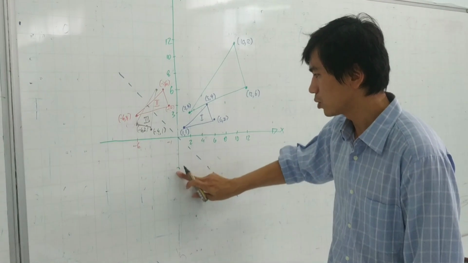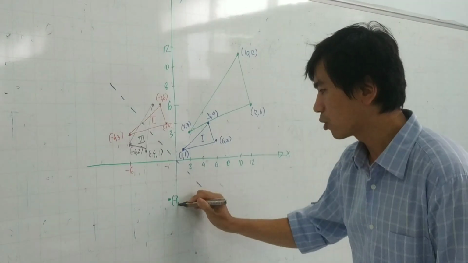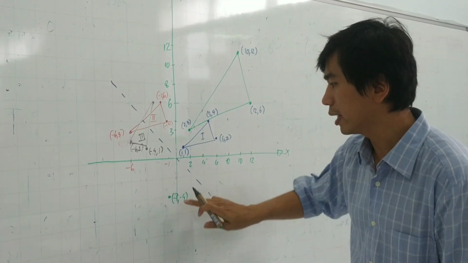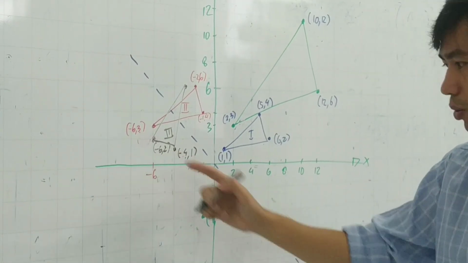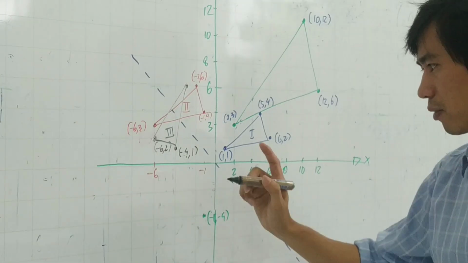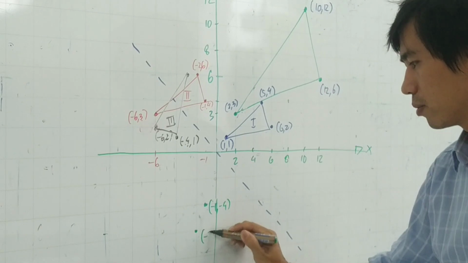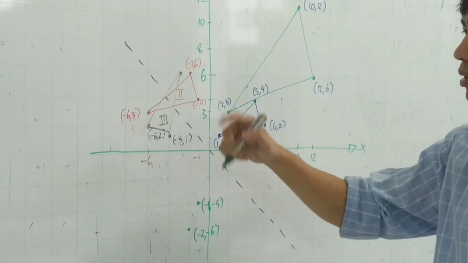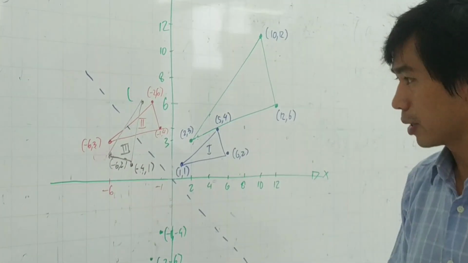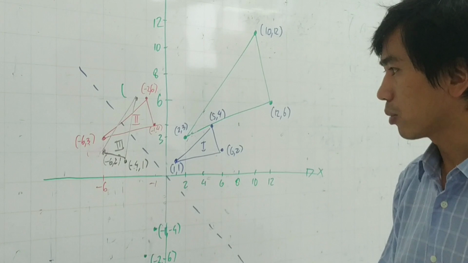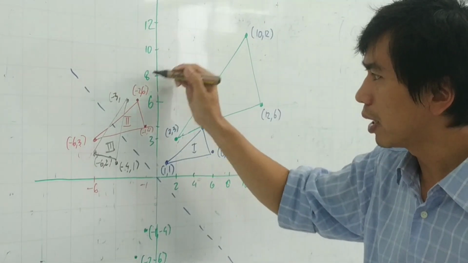Negative 6, 2 will be 2, negative 6. So it will be over here. And then the last one we have over here. I didn't put the numbers, so I'll put the number over here: negative 3, 6.